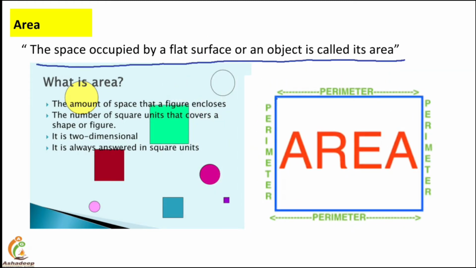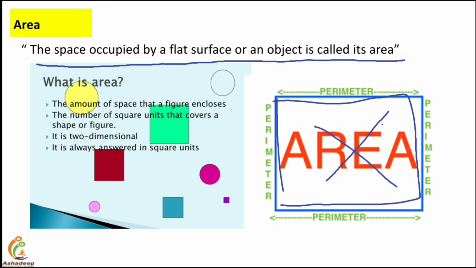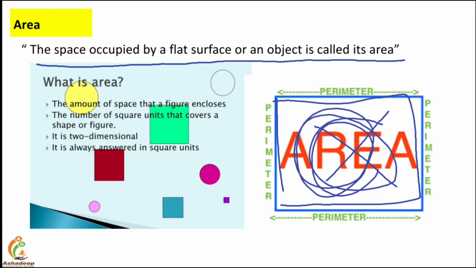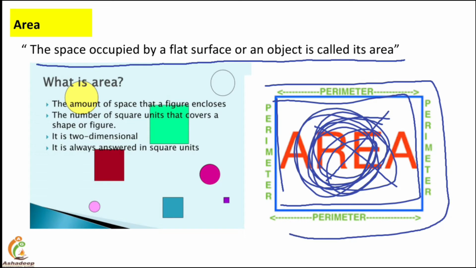Suppose this is a garden or a square space around you or somewhere else. What we find inside this shape is all nothing but an area. The inner side space is the area, and the boundary length you are seeing is called the perimeter of the given figure.